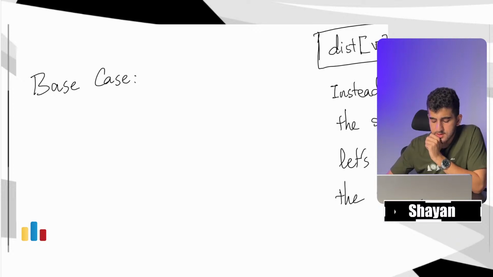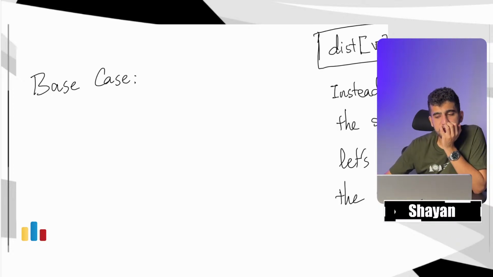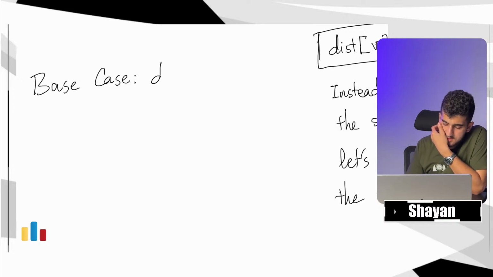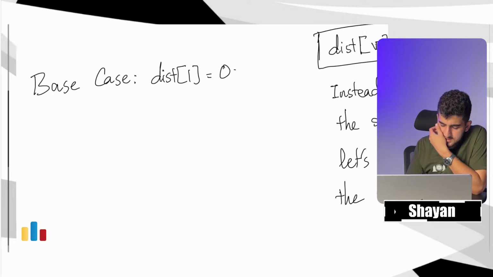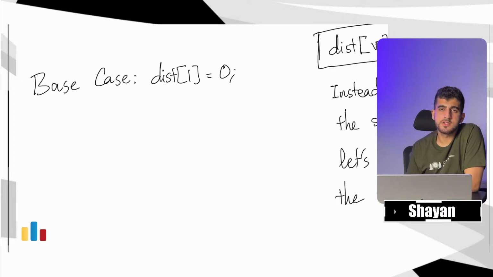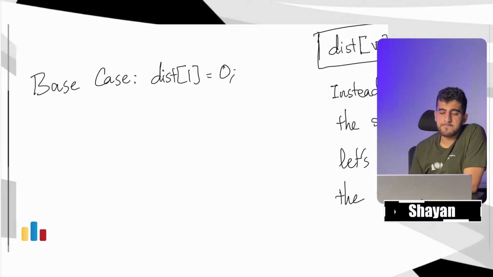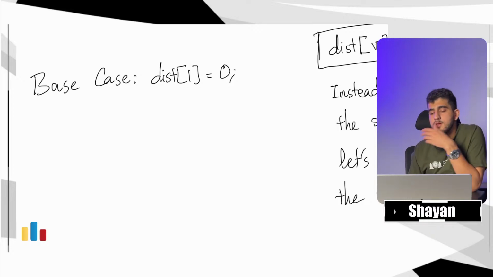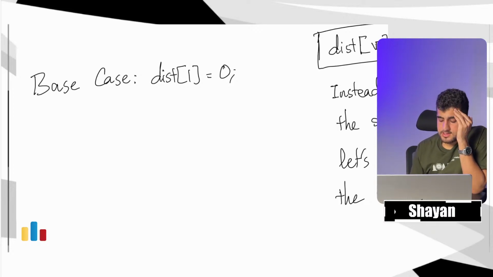I know the distance from vertex 1 to this vertex. Yes, 0, distance from 1 to 1, right? So d[1] itself is 0, because the distance from vertex 1 to vertex 1 is 0. Do you agree? So as the base case, I know that d[1] is 0.